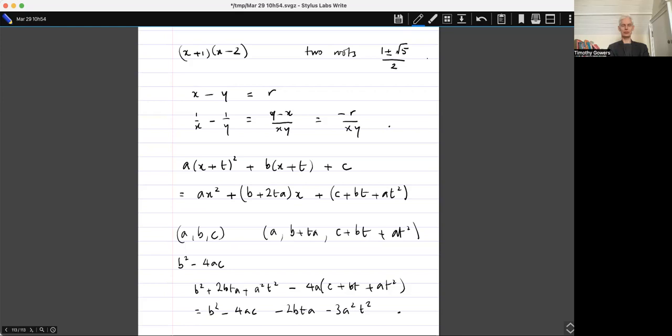But could it have been made to work if I'd done something slightly different? Like, what if I'd taken b squared minus 2ac or something like that? So b squared minus 2ac, then I'd have got the 2bta to cancel with a 2bta, but unfortunately a squared t squared doesn't cancel with a 4a squared t squared.